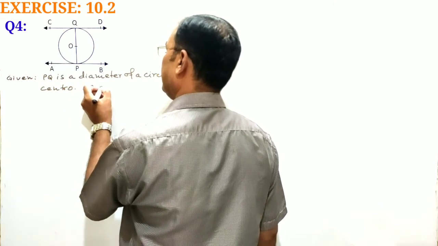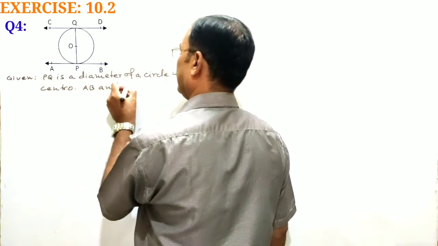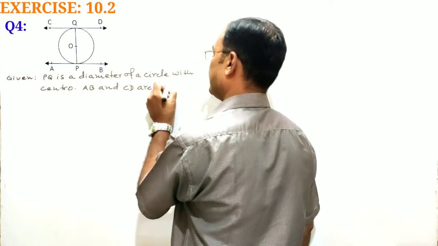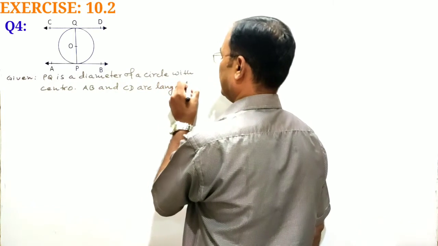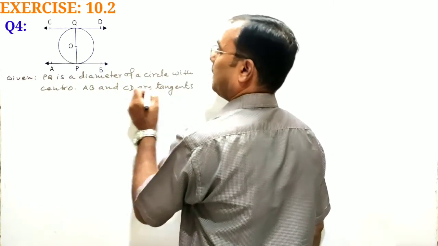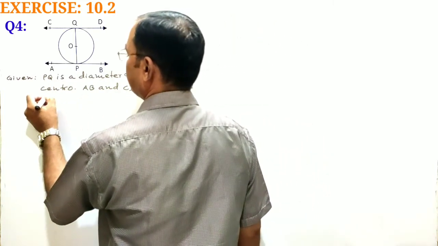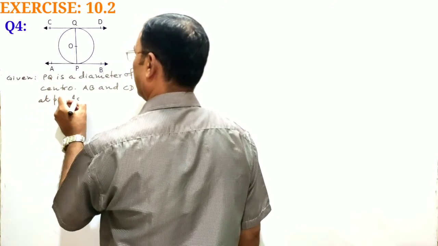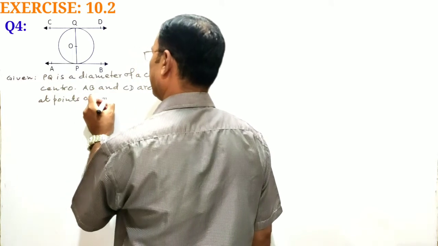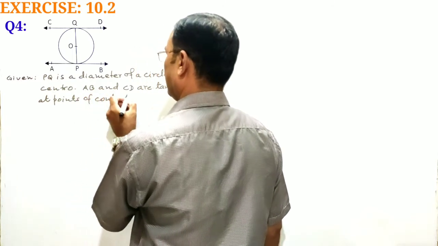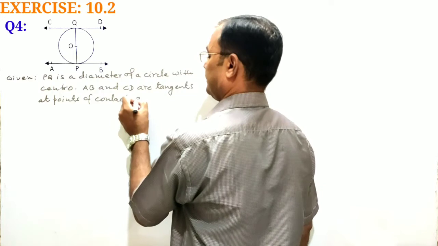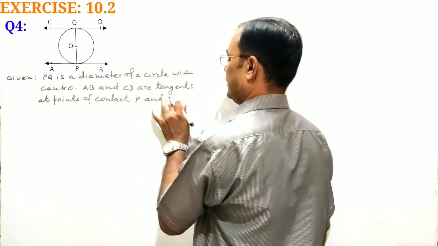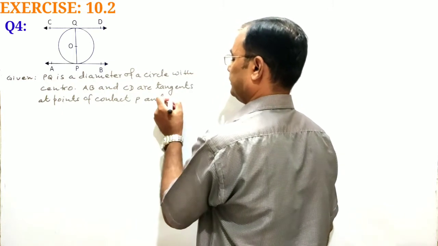AB and CD are tangents at points of contact P and Q respectively.